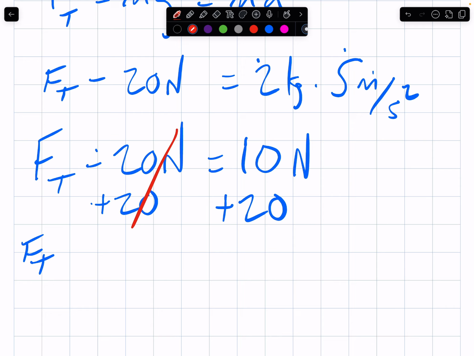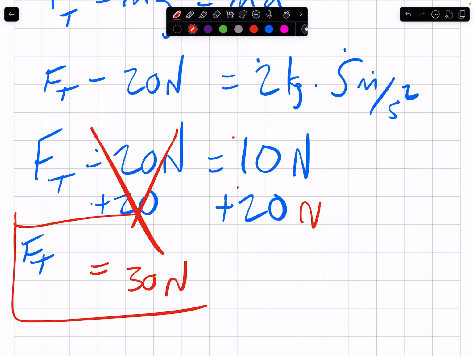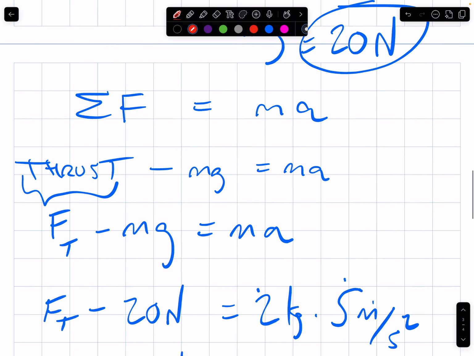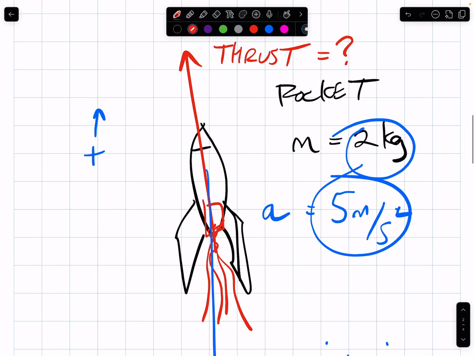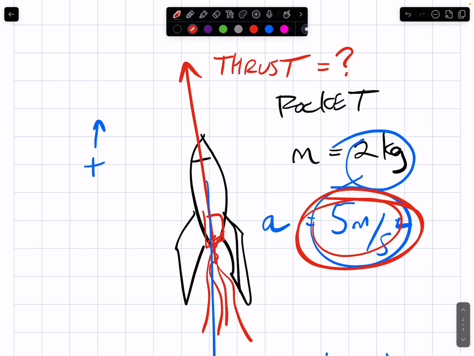That's the whole point of adding 20 to both sides. So F sub T is equal to 10 newtons plus 20 newtons, which is 30 newtons. So that rocket needs to exert a thrust force of 30 newtons. And that'll give that rocket an acceleration of 5 meters per second squared.